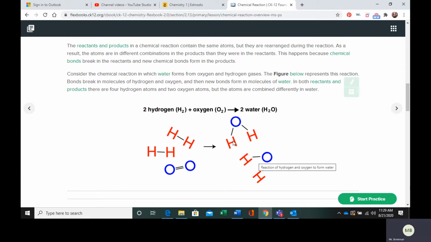They're the same elements on both sides, but they're combined differently. These connections between the elements are chemical bonds. When things react, the bonds are broken, and when products are produced, new bonds are formed.